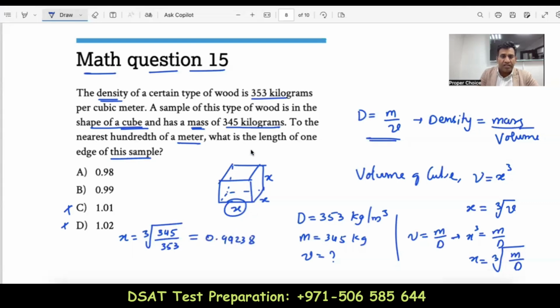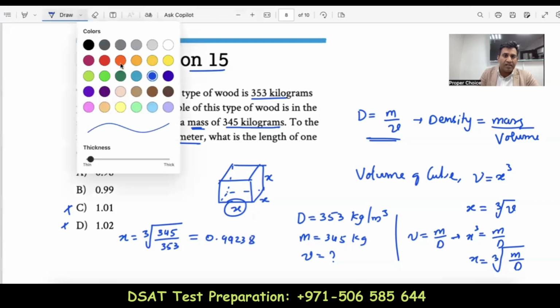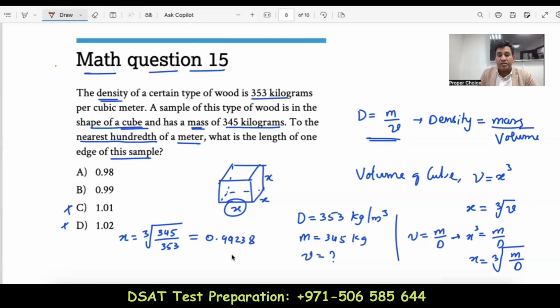But the question asked us to round to the nearest hundredths. How do we round it? Whenever a question asks you to round, after the decimal point, this is the tenths place and this is the hundredths place. Point out where the hundredths place is and look at the next number. If the next number is 5 or above, you have to add 1 to the hundredths place digit.